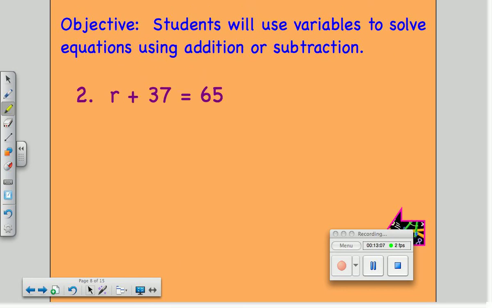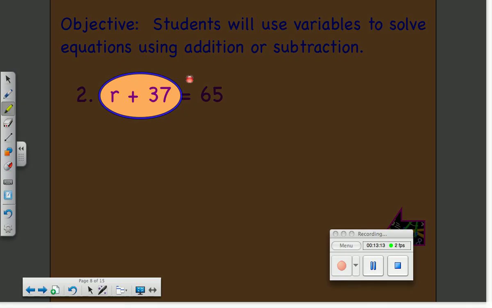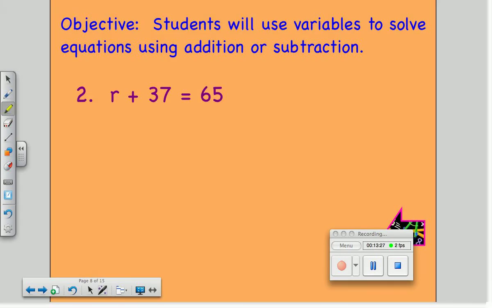Number 2. Again, you're going to focus on the side of the equal sign that has the variable r. What am I doing with r here? I'm adding. What's the inverse of addition? Subtraction. How much do I subtract? How much are you adding? You're adding 37, then you subtract 37. And whatever you subtract from this side, you must also subtract from this side.